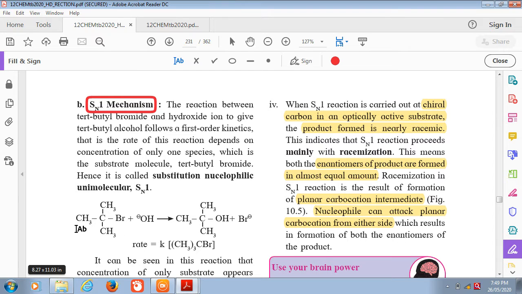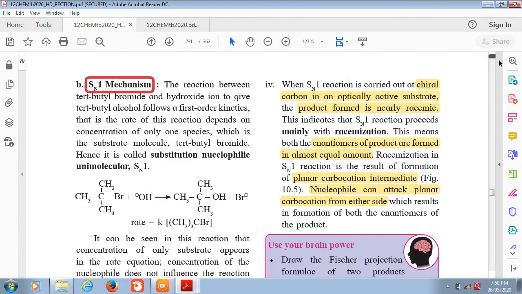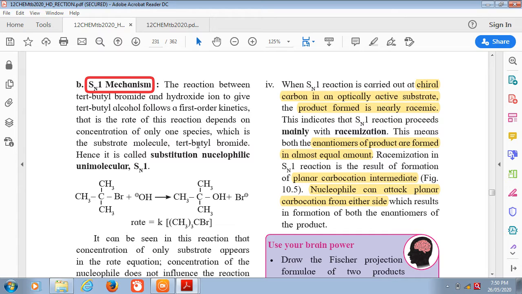So methyl bromide is a primary alkyl halide, and mainly primary alkyl halides follow the Sn2 reaction mechanism. Now our example is tertiary butyl bromide reacting with OH minus, and it gives the product tertiary butyl alcohol and Br minus.